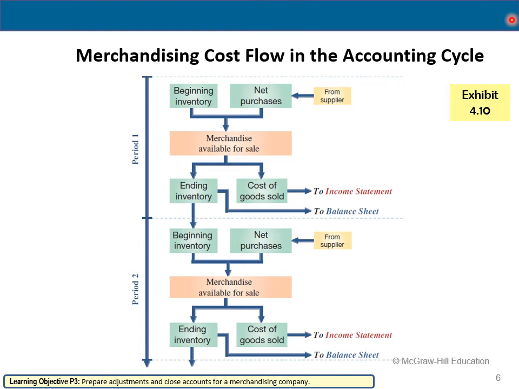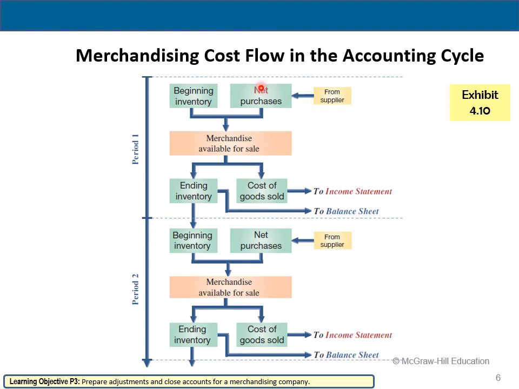Okay, so this slide does a good job of detailing, and it looks like the previous slide we had, but it details cost flow in the accounting cycle. Beginning inventory is the stuff the company has available for sale as of the first day of the accounting period.